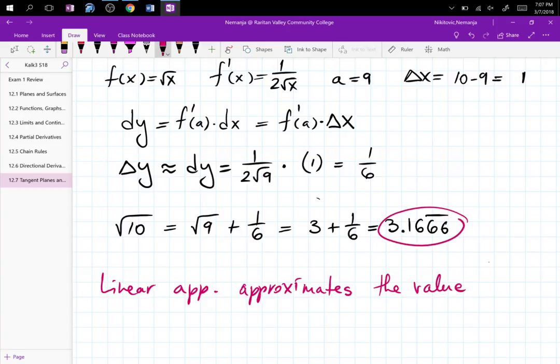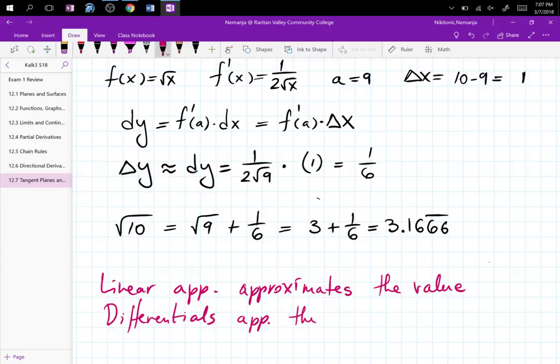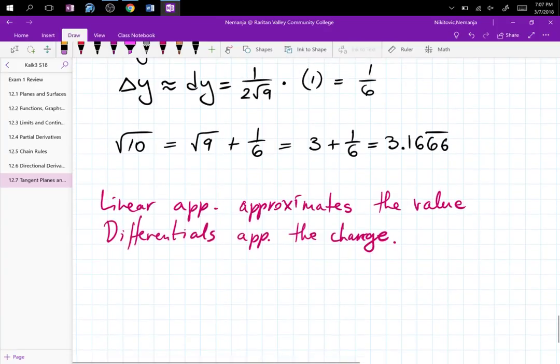We got this directly, where the differentials approximate the change. So what I did is I calculated the change, which is 1 over 6, and then I used that.